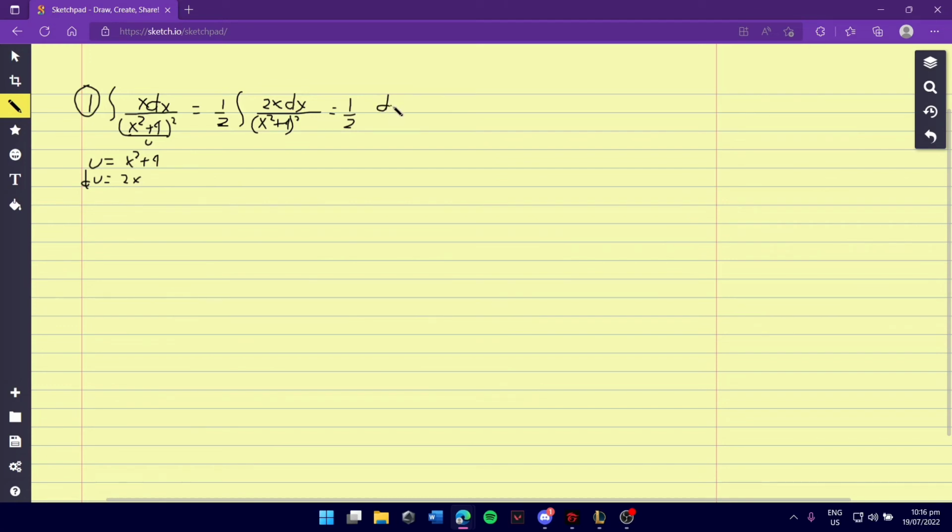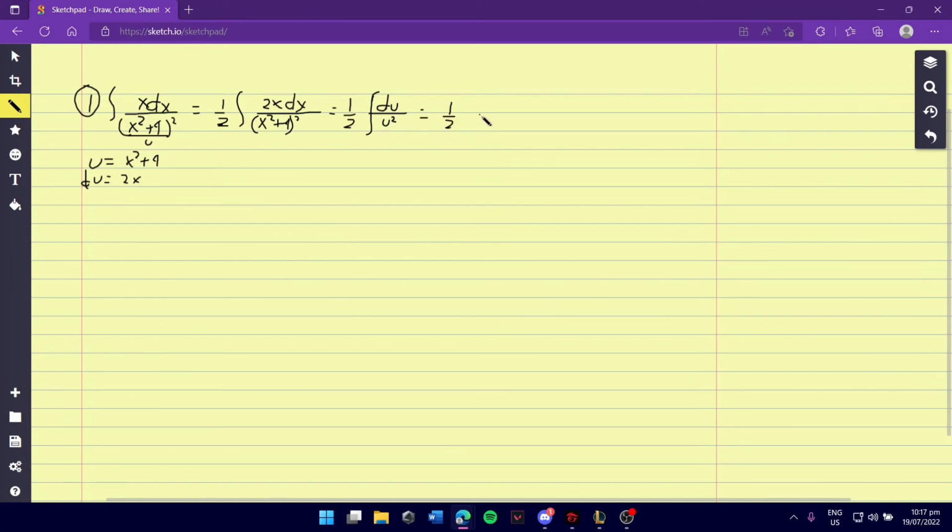So this is our du over u squared. According to our formula earlier, 1 half times the integral of du over u squared. Before we integrate, since our u has an exponent, we will put it in the numerator.